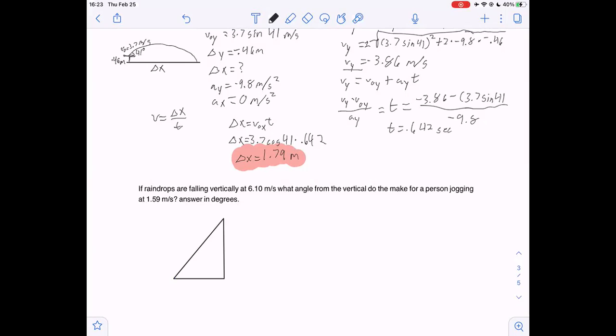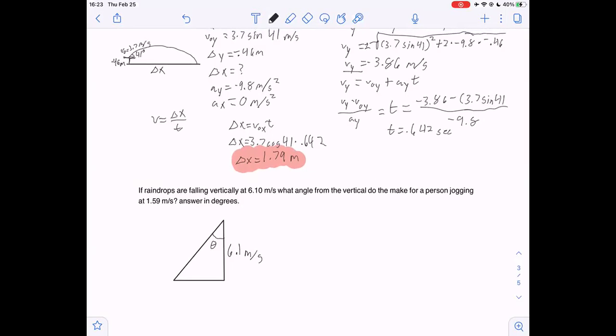I didn't read properly. So we're actually looking for theta here and not from here like normal, which would throw people off, which is why she did this problem for us. So we know our y is 6.1 meters per second. And I know we are running at 1.59 meters per second.